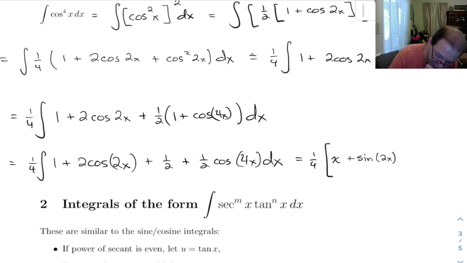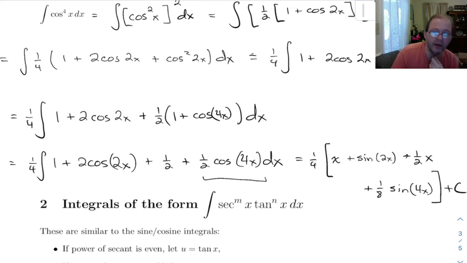Integrate the 1/2, you get a half x. Then when you integrate cosine 4x, you get sine of 4x. But then you have to divide by 4 and put that together with the half on the front, so you get 1/8. We get all that plus c. So this is our answer.